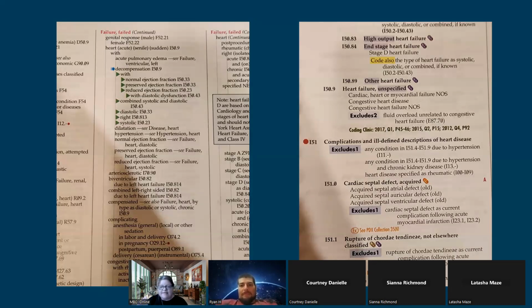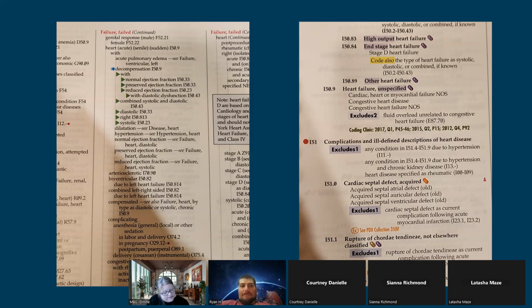Right, but it came out of my 2022 manual that I have tabbed, and I've got the 2023 in front of me, and apparently it's a little bit different. The page numbers are a little bit off, because on page 903 in my book, it starts with I21.1. So give me just a second to get to I50.9 in this one.